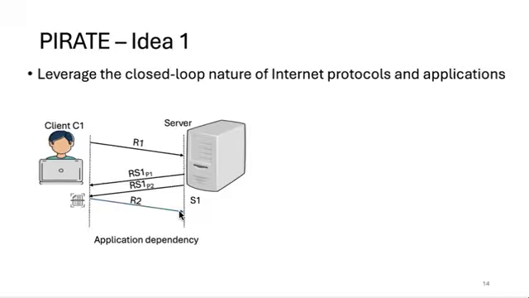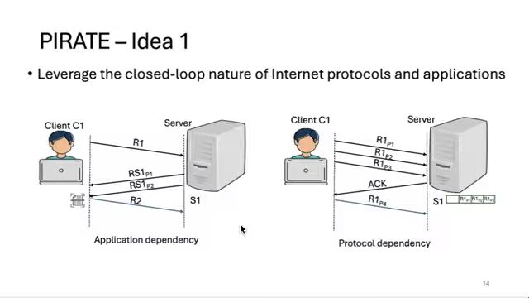In the case of application level dependency, a new request R2 is triggered only after the previous response has been processed at the client. Another kind of dependency is a protocol dependency. In the case of protocol level dependency, a new request is triggered once the transport protocol on the receiver has acknowledged the receipt of the previous transmissions.